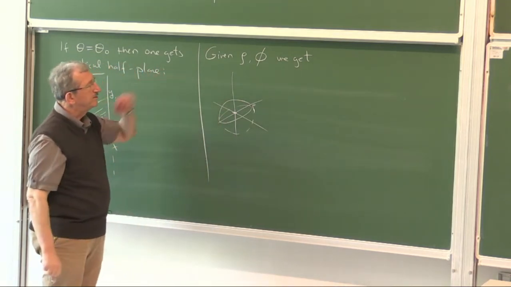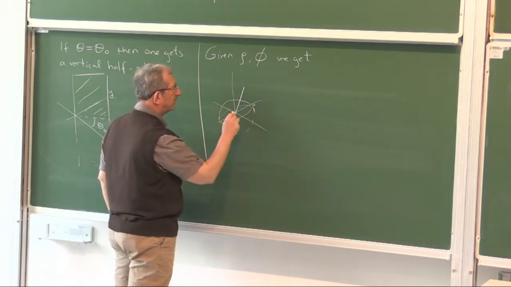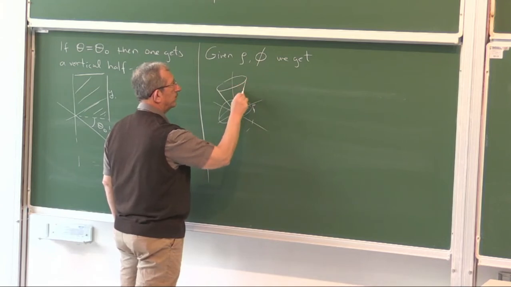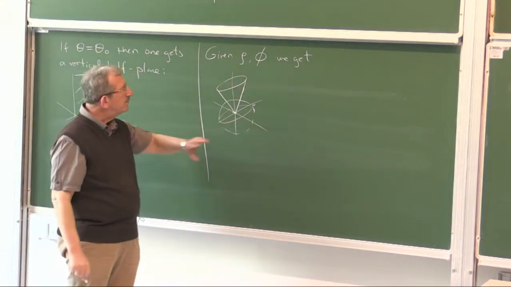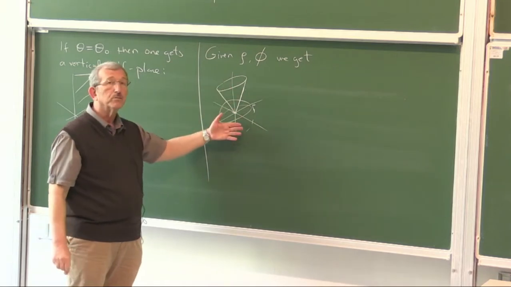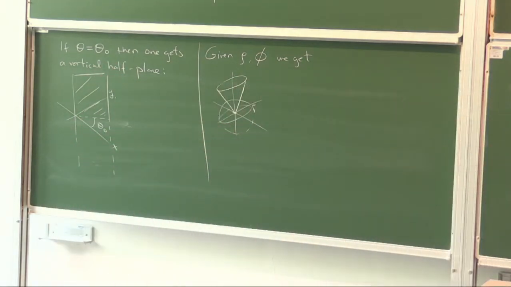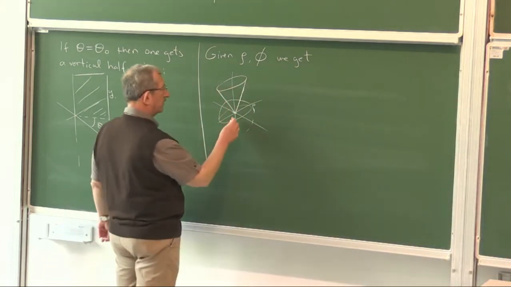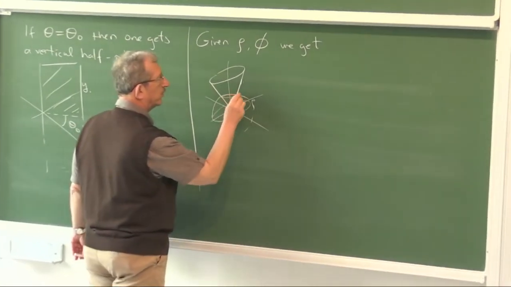And phi is given, means that we have, I take a positive phi here, a cone. Now, if these two are fixed, it means that we have the intersection of the two. Well, the intersection of the two gives us clearly such a circle.